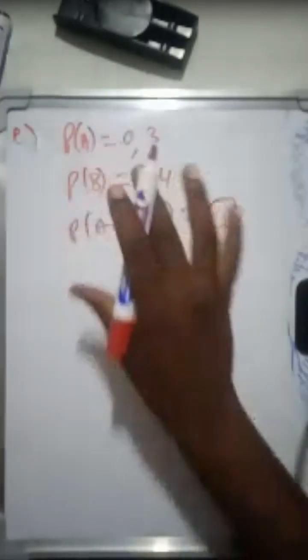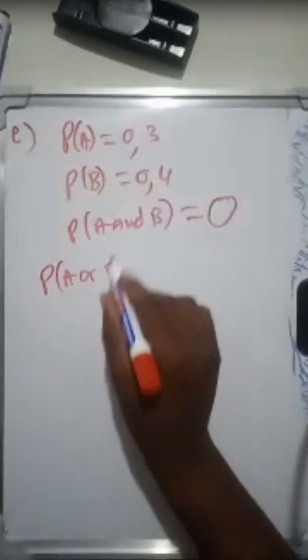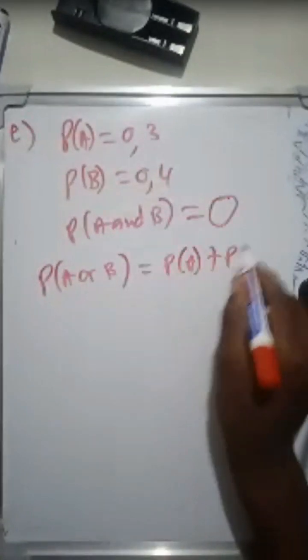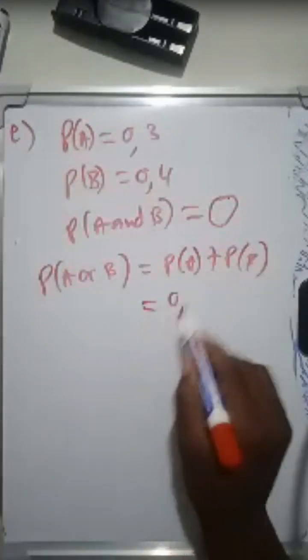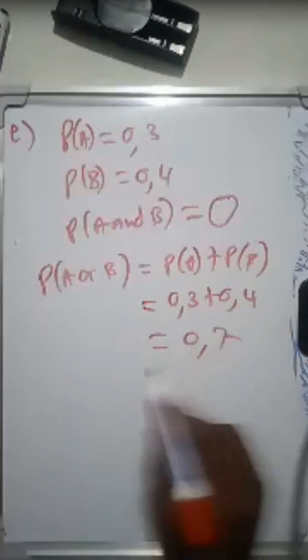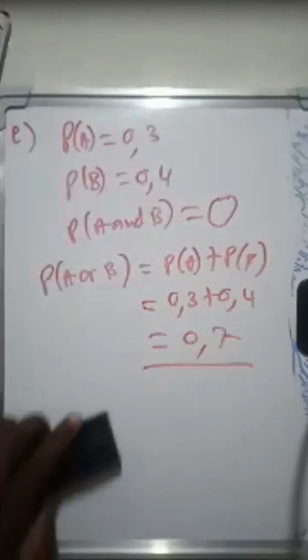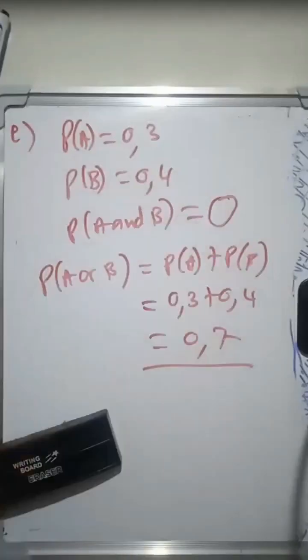So it means the general rule here is going to be probability of A or B is equal to probability of A plus probability of B only, which is just 0.3 plus 0.4, which gives us 0.7. Okay? Because remember that this one is 0 because of mutually exclusive events.